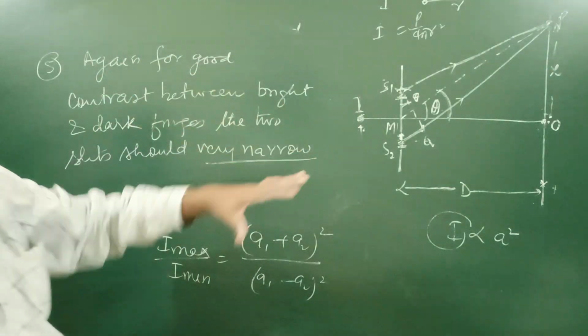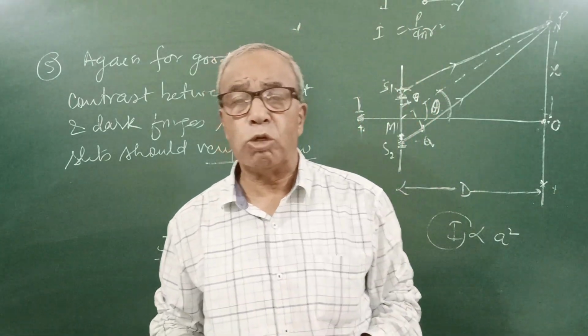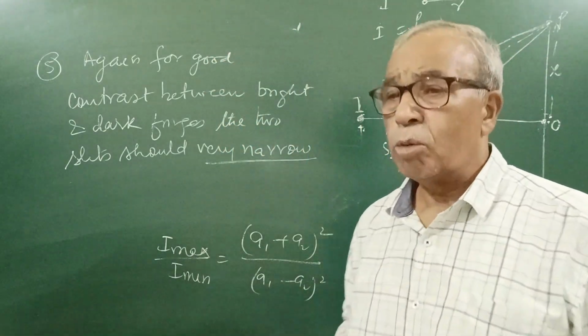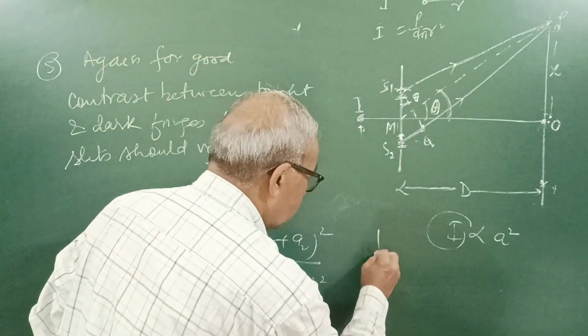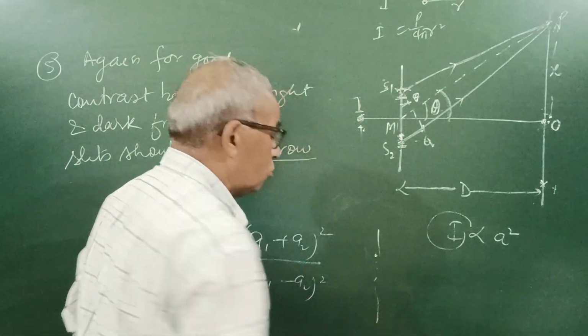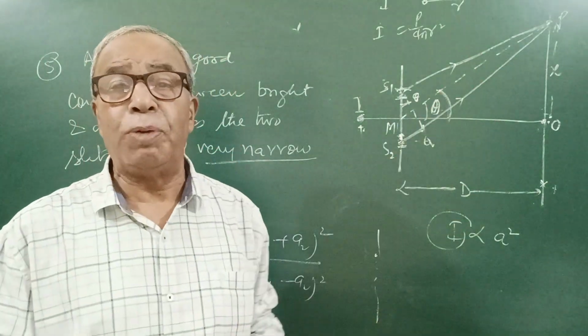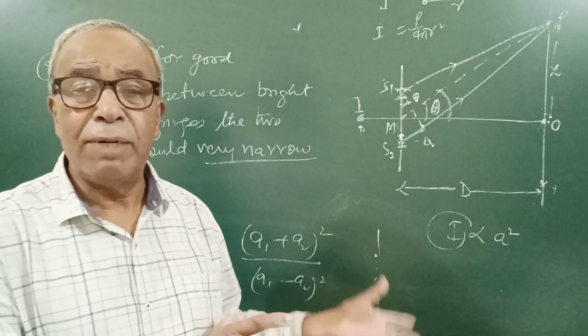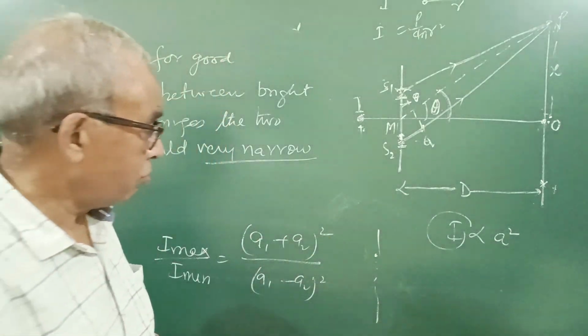It is because if the source is wide, it is supposed to consist of so many pairs of point sources. If this is a wide source, suppose many point sources, and each pair of point sources produces its own fringes. You can read it from the book, because it is going lengthy.